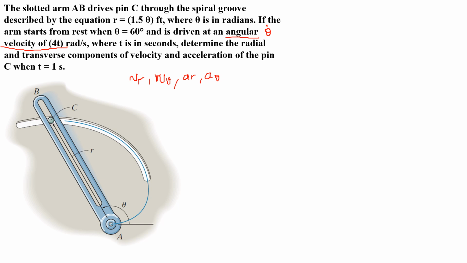To start with, Vr is simply r dot, V theta is r theta dot, Ar is r double dot minus r theta dot squared, and A theta is r theta double dot plus 2 r dot theta dot.